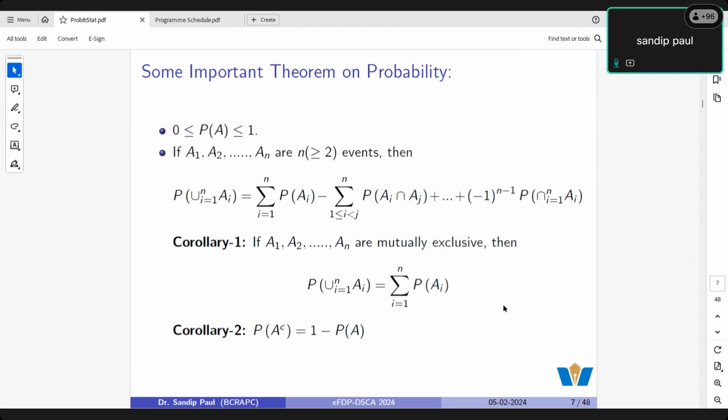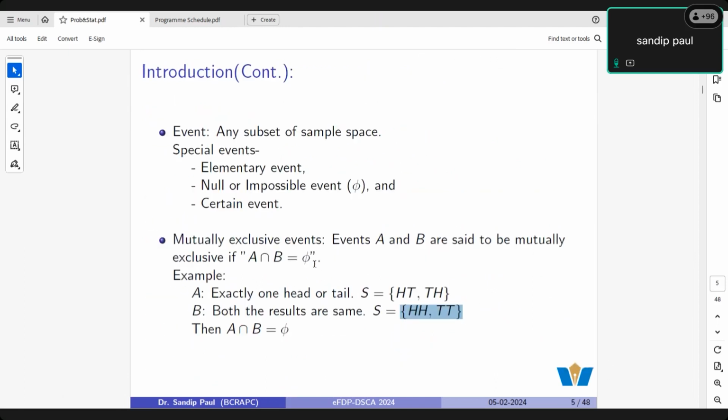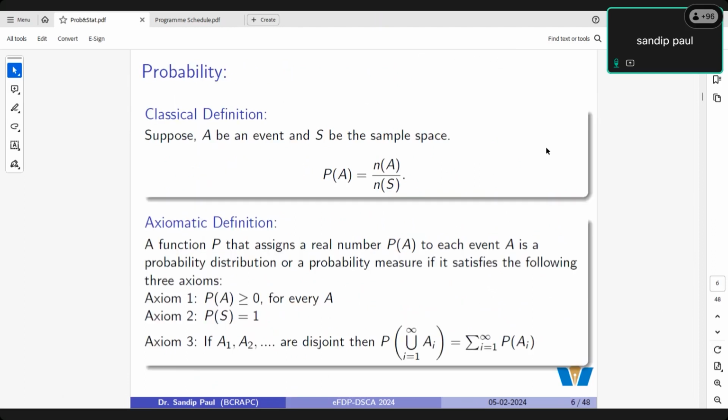Now next, we have to know the definition of probability, how to measure the probability. So if we toss a coin, and I ask you what is the probability of getting a head, we always say it will be 1 by 2. So why are the numbers 1 and 2 coming?